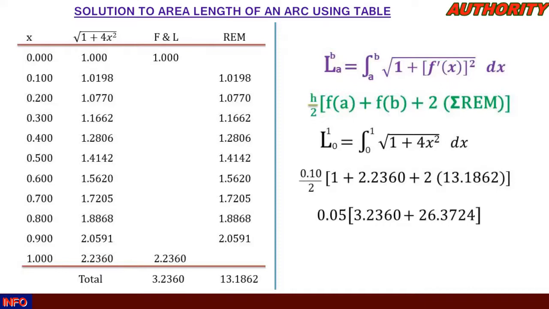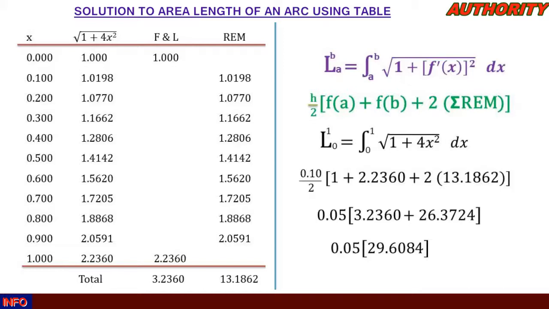So when we add these numbers in the bracket, that is 3.2360 plus 26.3724, when we add this together, it's going to give us 29.6084. So we have 0.05 outside the bracket.